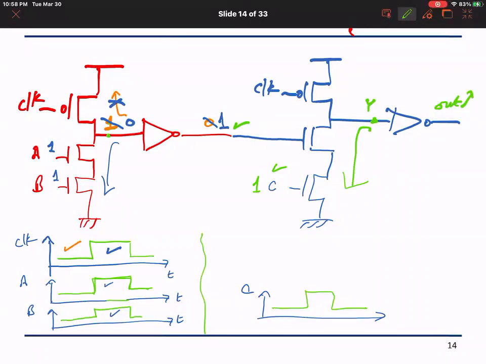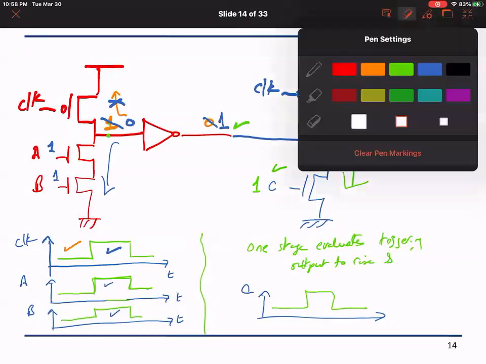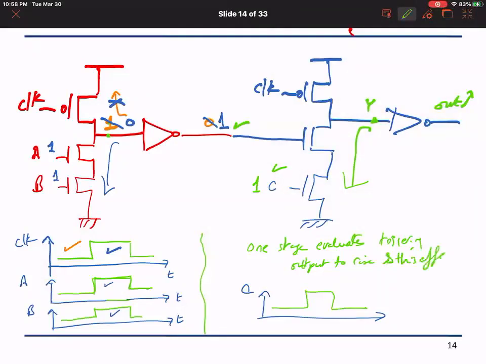So when one stage evaluates, triggering the output to rise, this effect will propagate to the second stage, hence what we call the domino effect.